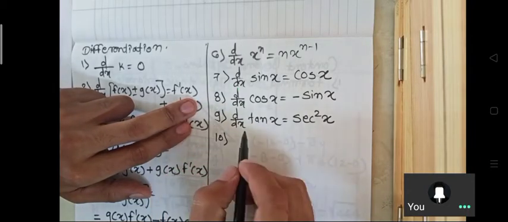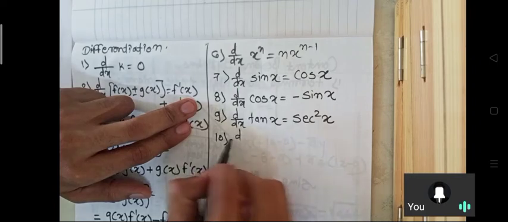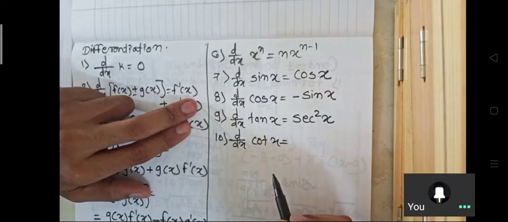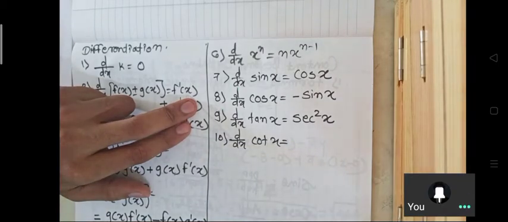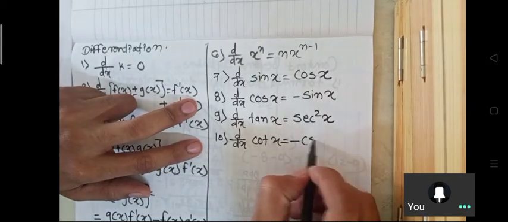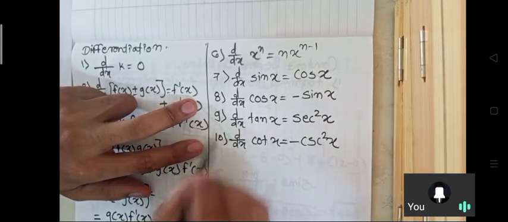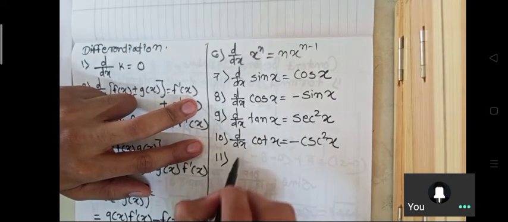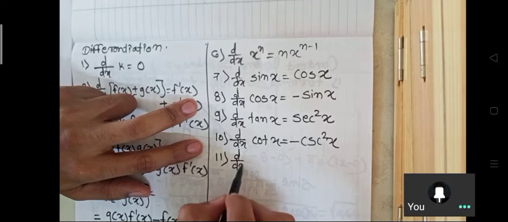Next is cot x, so d by dx of cot x, what is the derivative of this? Minus cosec square x, right. So next, sec x, what is the derivative of sec x?